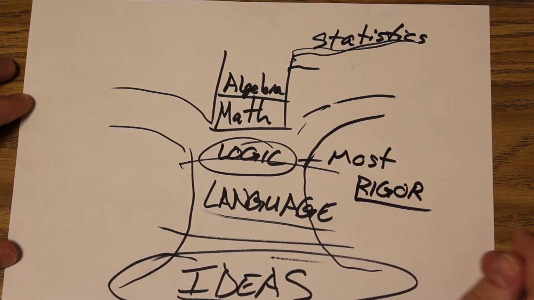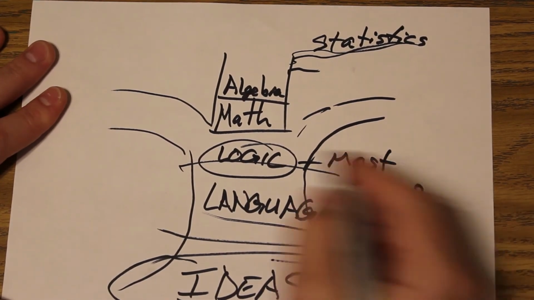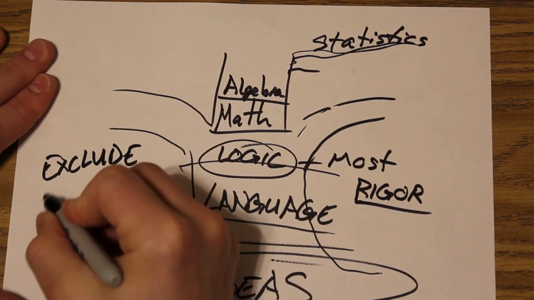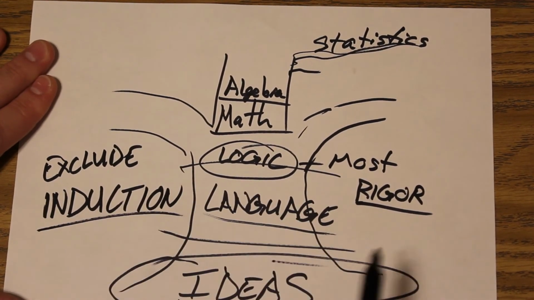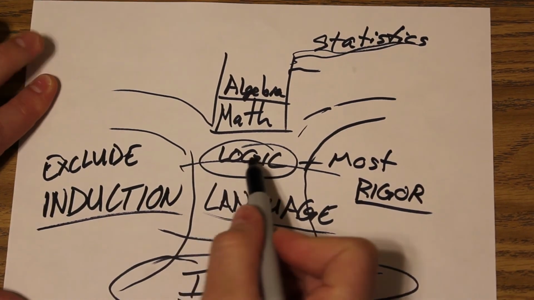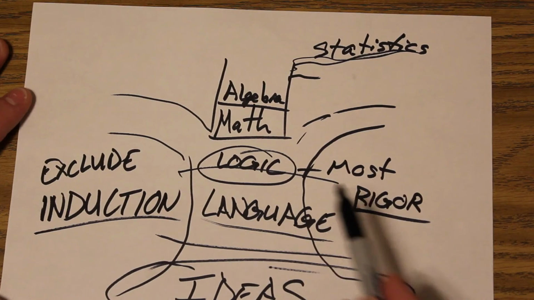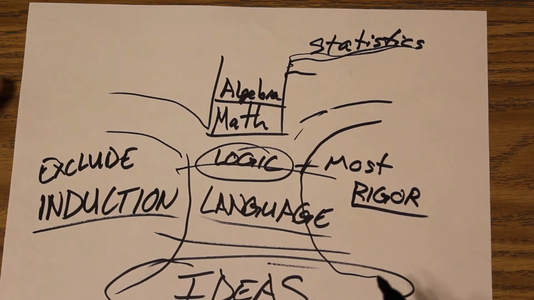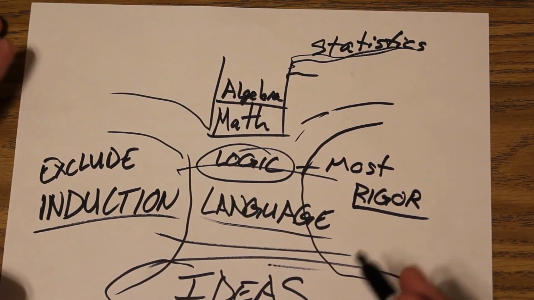It has the most solid structure. It's fundamental. It's absolute. It's certain. But that is only most rigorous if you're excluding induction. So you have to exclude induction. If you don't exclude it, logic becomes the same thing as any other language, whether it's Spanish, French, English, where there are exceptions.